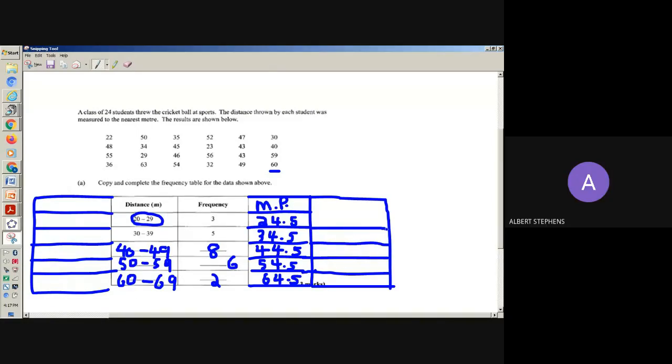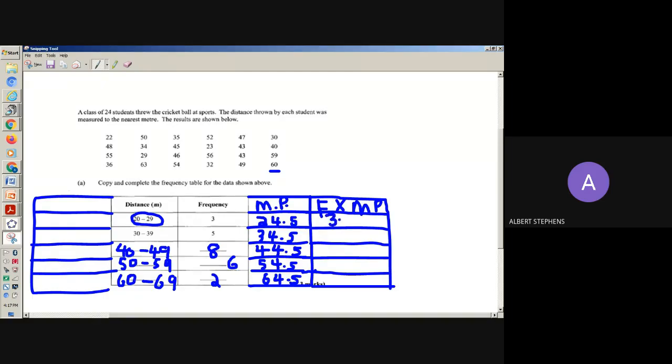So I'm teaching you how to find the average from group data. After you get the class midpoint, you're going to multiply the frequency times the class midpoint.